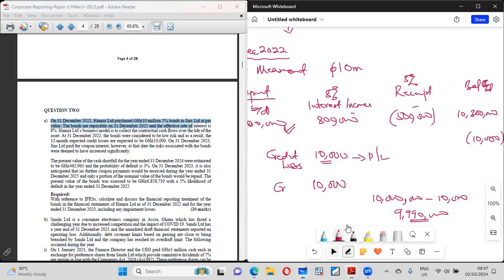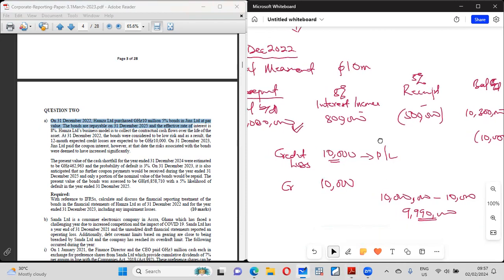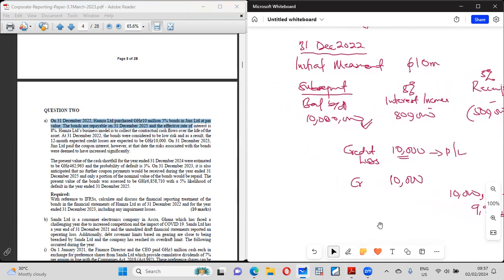So this amortized cost table, which year do you think it is for? The initial measurement was at this date. This amortized cost table will be for 2023. That's all. Because this is the year 2022 where the initial measurement happened.